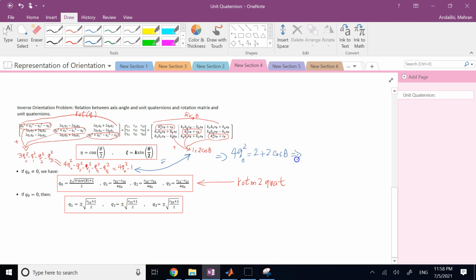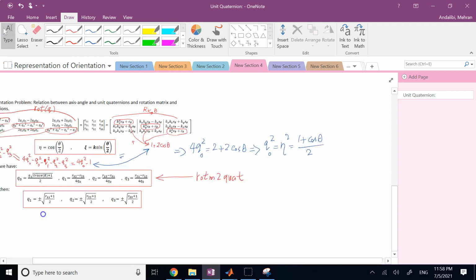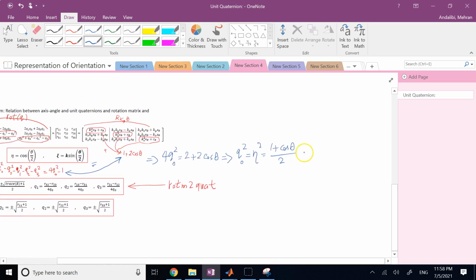Divided by 4, it becomes q naught squared, and by the way, q naught is the same as eta. Eta squared is equal to 1 plus cosine of theta divided by 2. I simplified both sides by 4. And you know from trig, this is cosine squared of half angle.